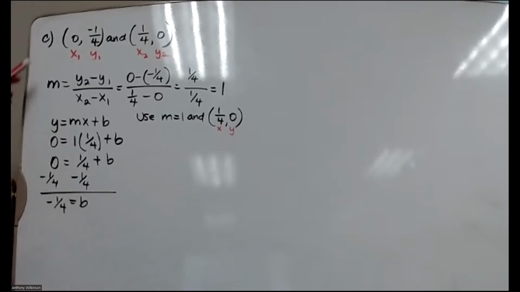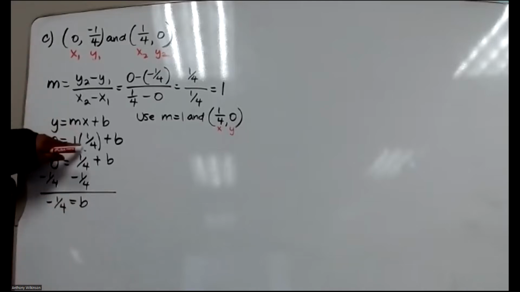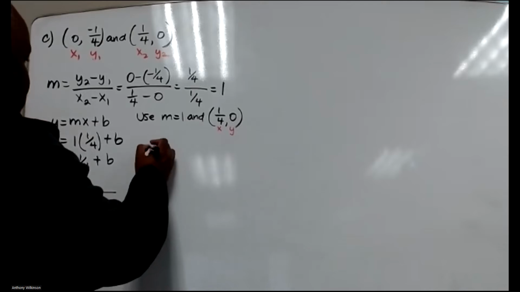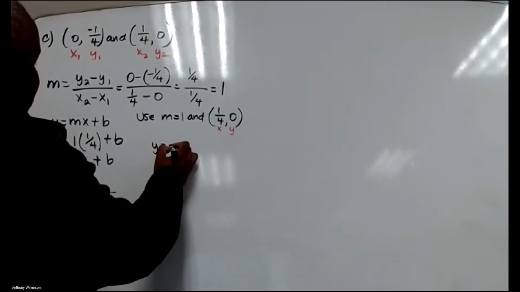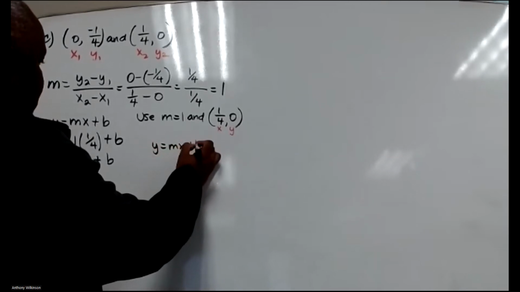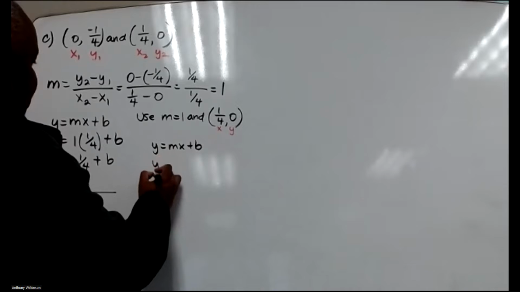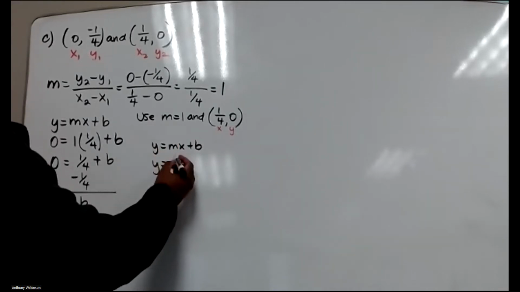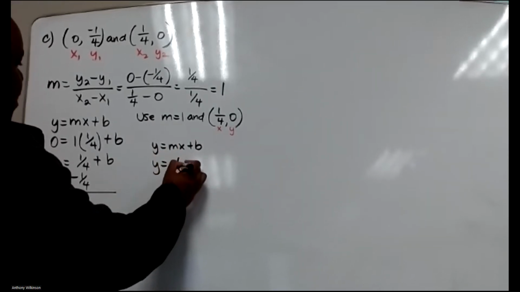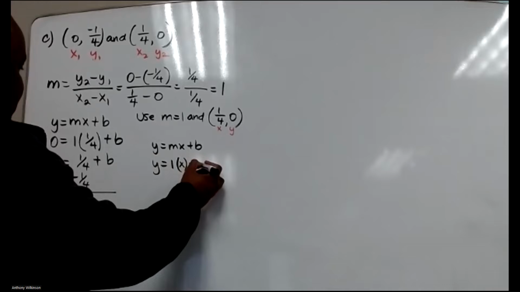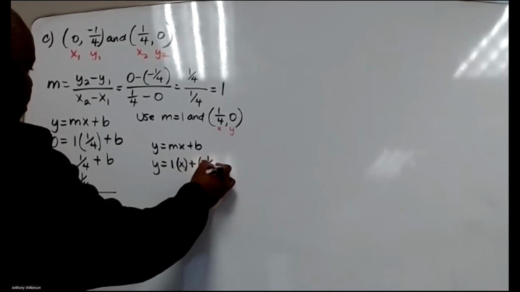Well, maybe I should have used the first ordered pair, because this would be like 1 times 0, then I have a negative 1/4 on the other side. That would tell me what b is. Okay, so using y equals mx plus b, the equation there will be y equals m, which is 1, times x, plus b, which is negative 1/4.